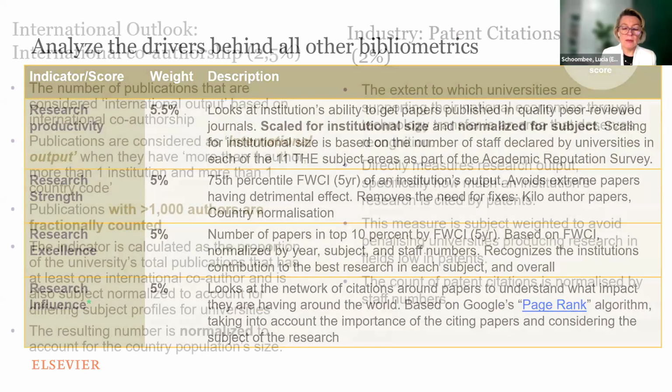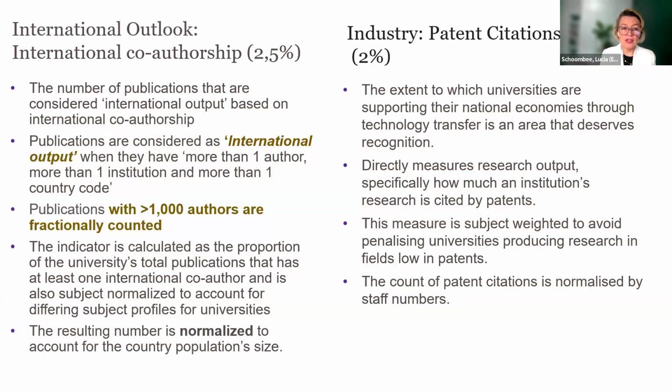And then other metrics that are also used by Times Higher Education: they look at international outlook. This accounts for 2.5% of the score. It takes into consideration the number of publications that are considered international output based on international co-authorship. So it looks at any paper that has at least one international co-author, based on the country code of the affiliated authors.